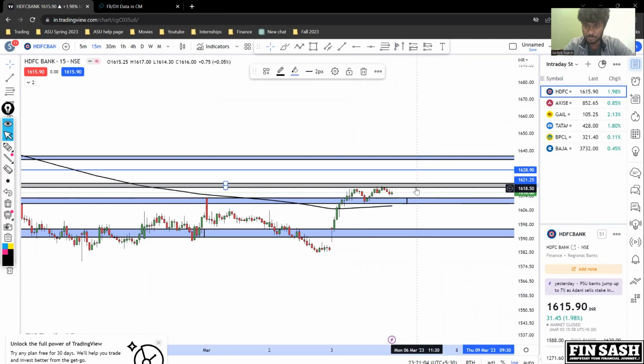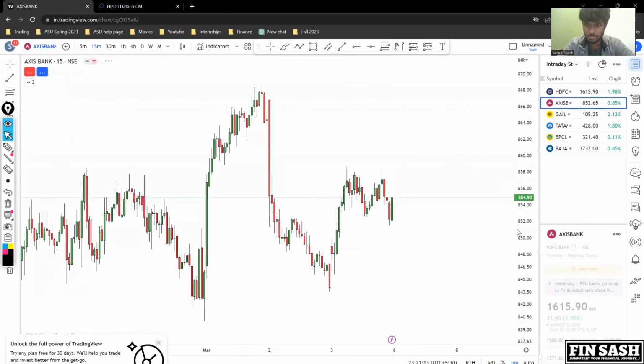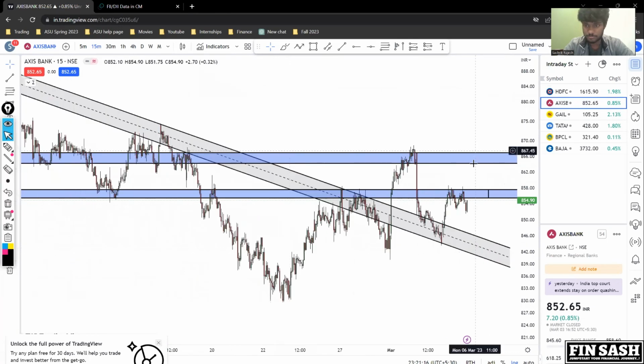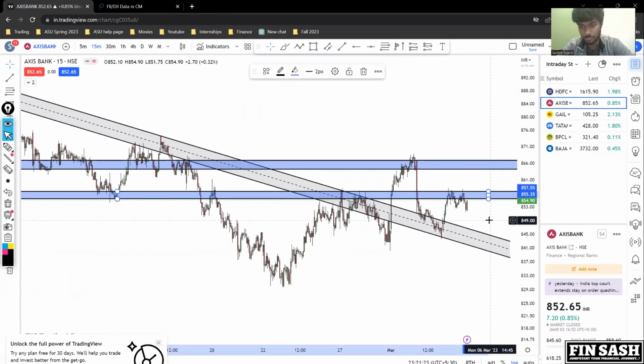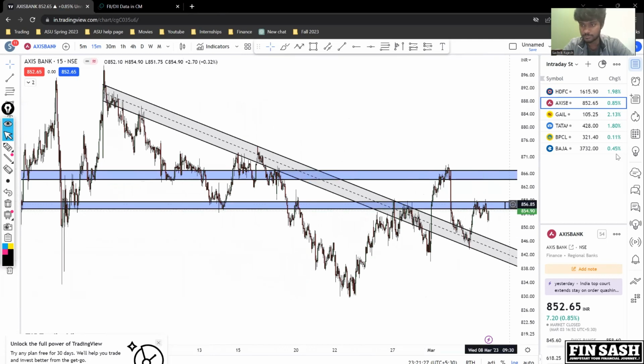This line. You guys can just maybe skip this part if you can see it in the community post for the levels and the trend line.